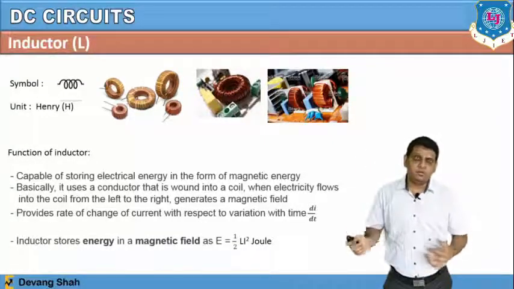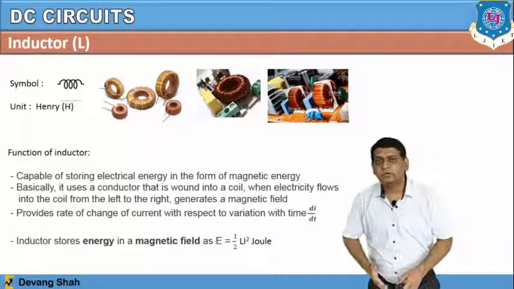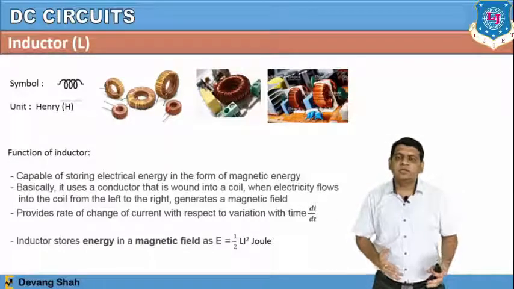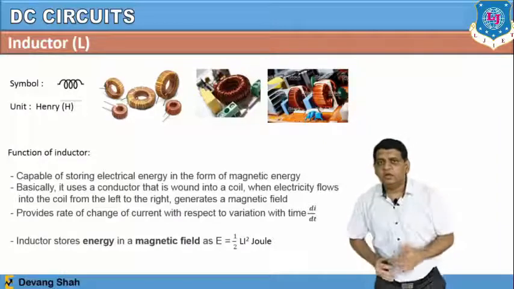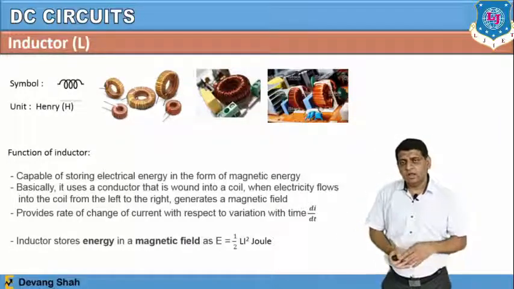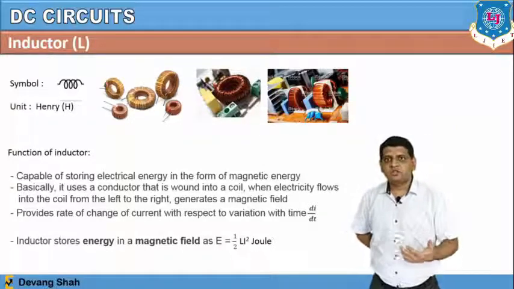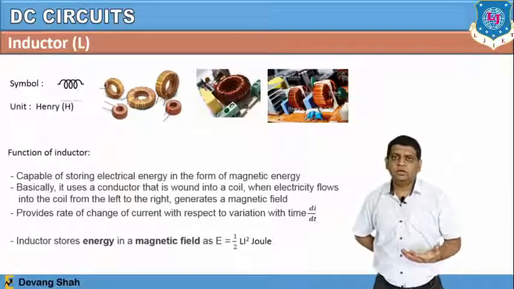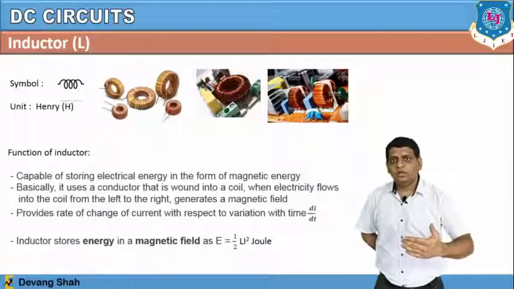Now, we forgot to discuss the energy stored in a capacitor: W is equal to 1 half C v square, while the energy stored in an inductor is E equal to 1 half L i square. So capacitor and inductor both behave with respect to the rate of change with time.